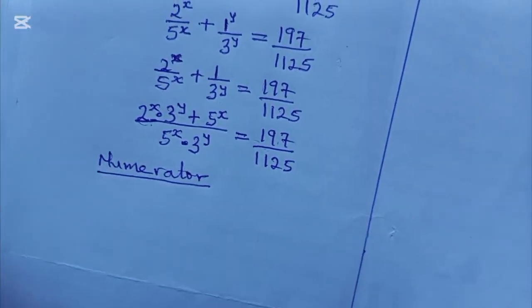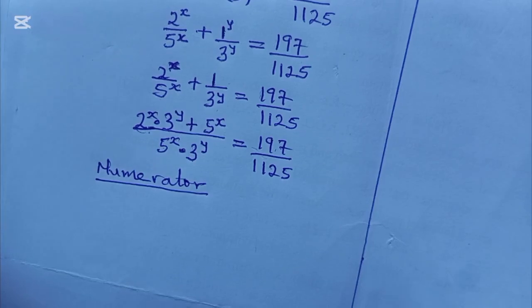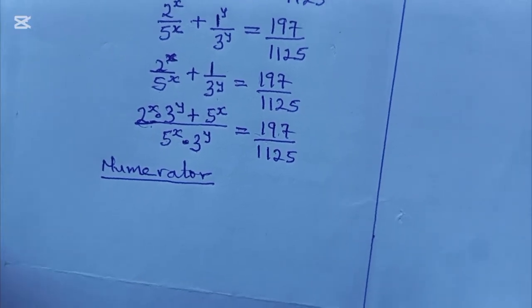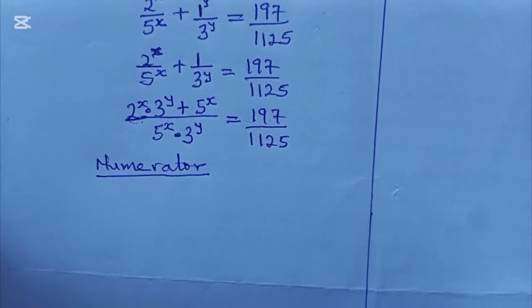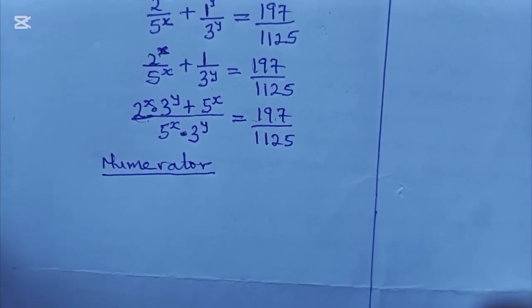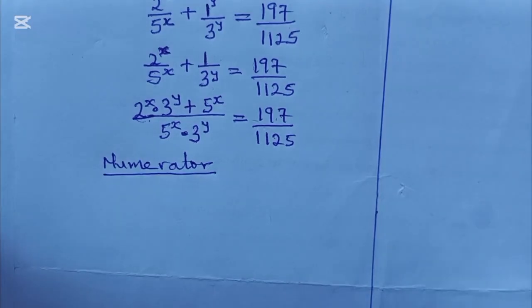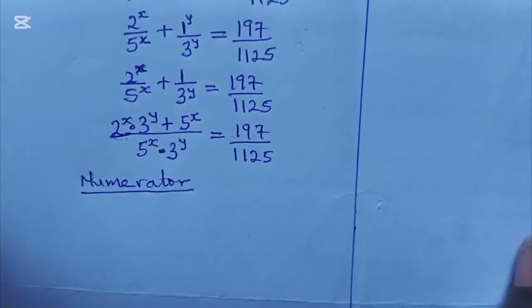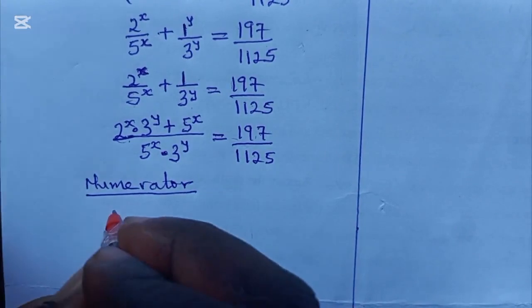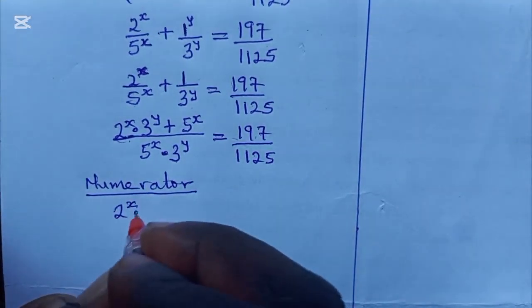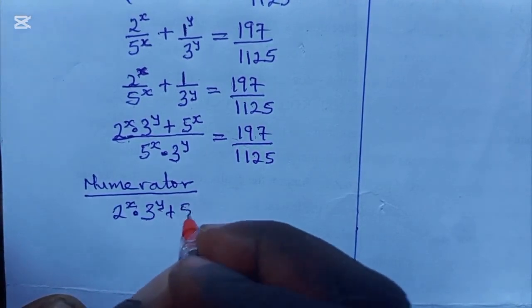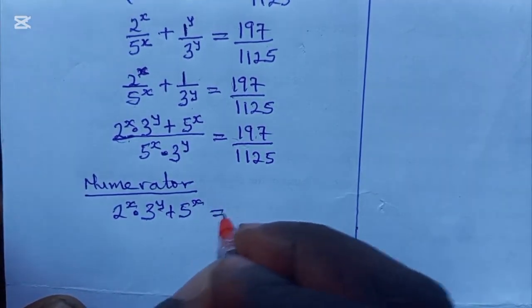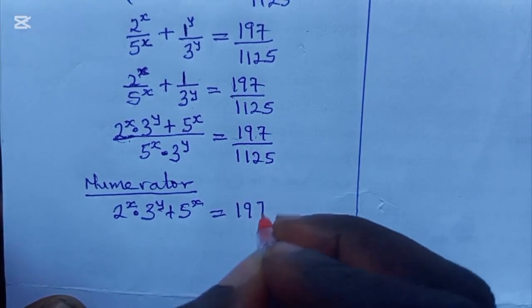The numerator says 2^x times 3^y plus 5^x is equal to 197.